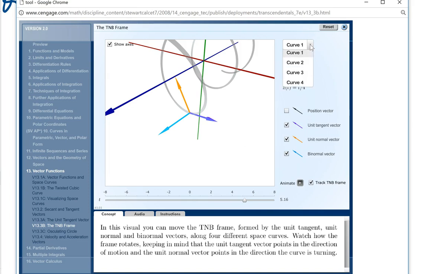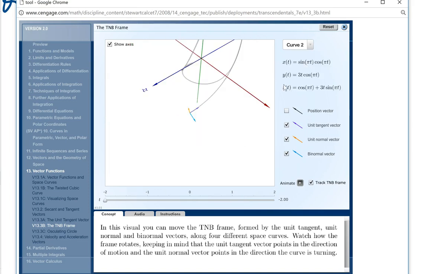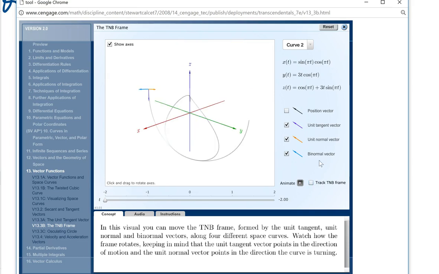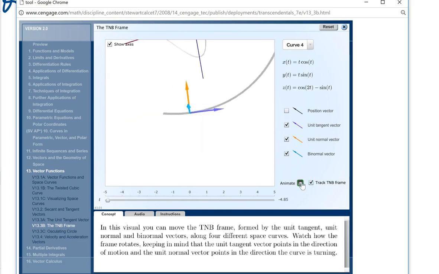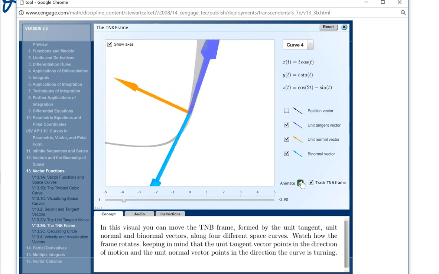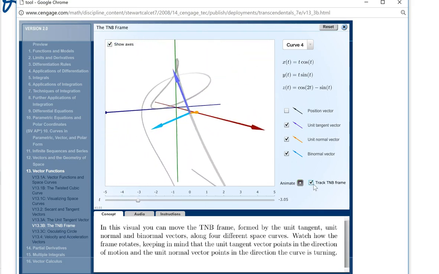So you can do this for different curves as well. So the TNB frame goes along. It just forms a little coordinate system as you move along a curve. What's this fourth one? Yeah, this one's kind of cool. You can track it as you go.